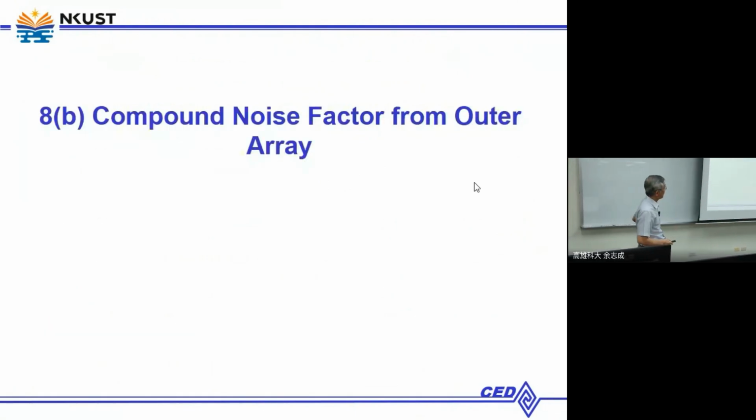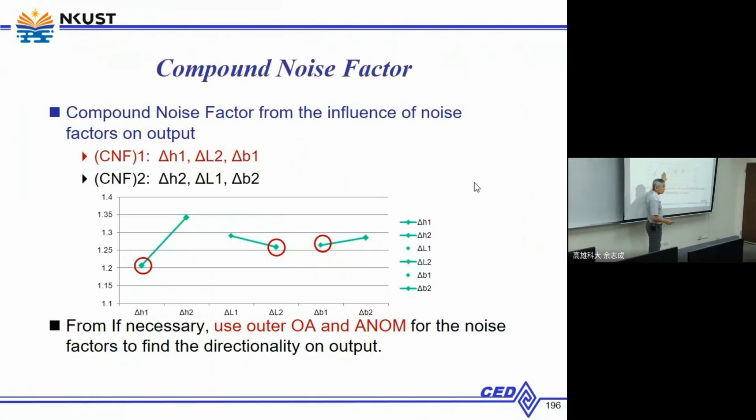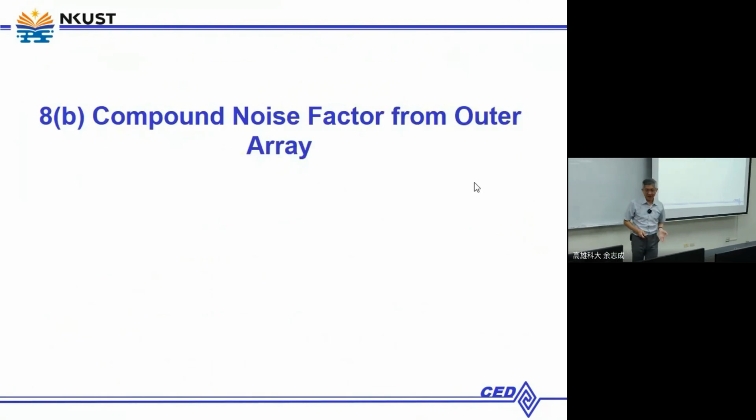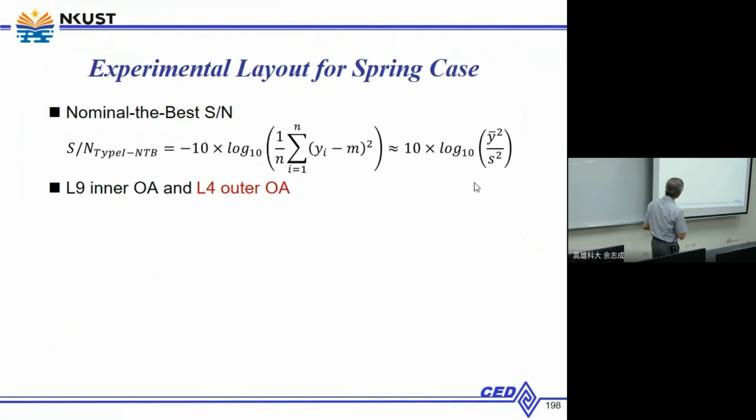This is a concept. But the problem is, how do I know the direction of the noise factor? Well, we already did one outer array, right? In the previous chapter, we made our noise factor in an outer array. From this outer array, we can estimate the output.